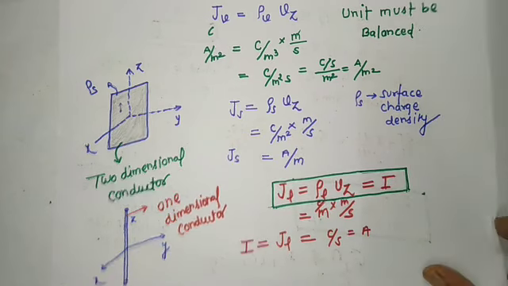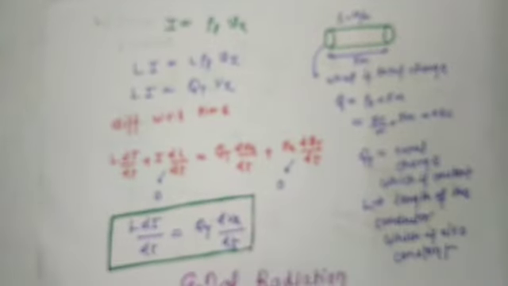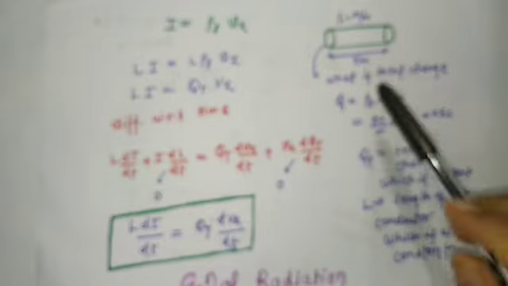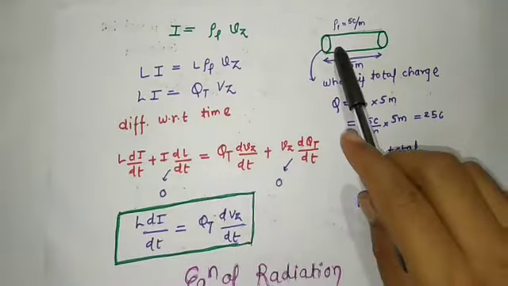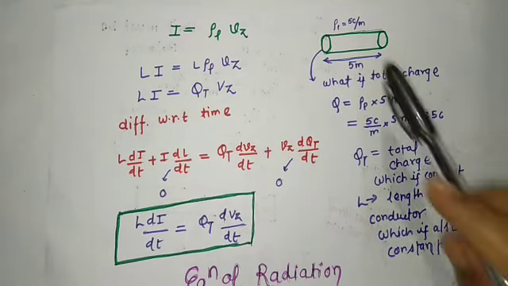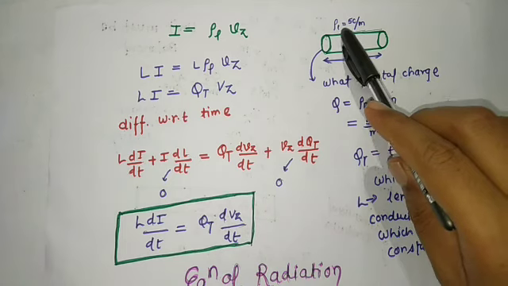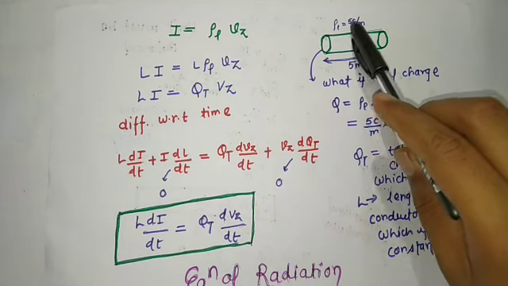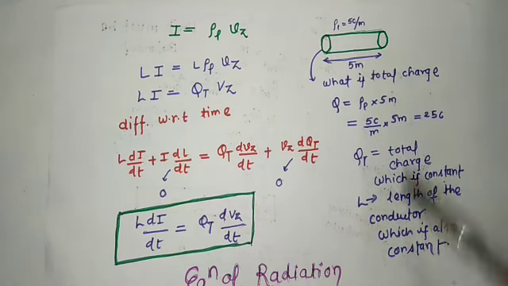One more thing you must remember. There is a conductor and its length is 5 meter. And I have written here the line charge density 5 coulomb per meter. What is the meaning of this?